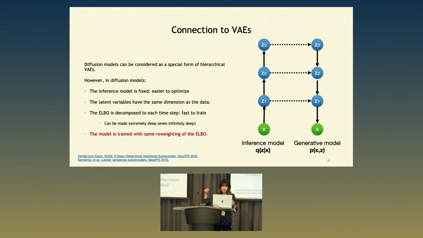We can sample certain time steps, which makes it faster to train and can make the model very deep. Actually, in the continuous time case, it corresponds to an infinitely deep variational autoencoder. And the last difference is that the model is not trained with the ELBO, it's trained with some reweighted version of the ELBO.